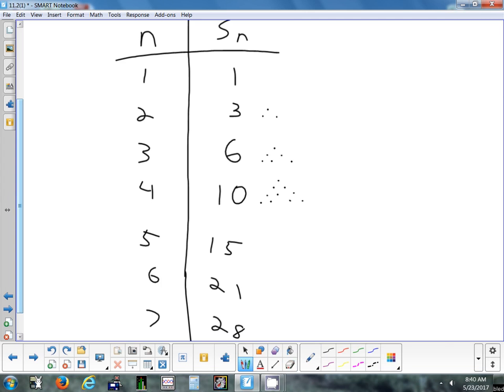So we want to figure out a pattern in that list of numbers. Did anybody see a pattern? 1, 3, 6, 10, 15, 21.